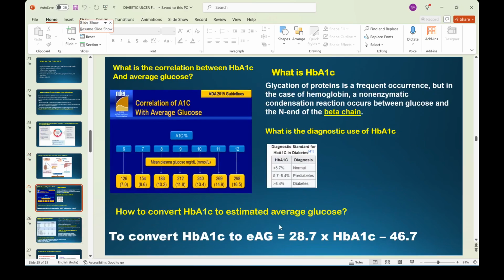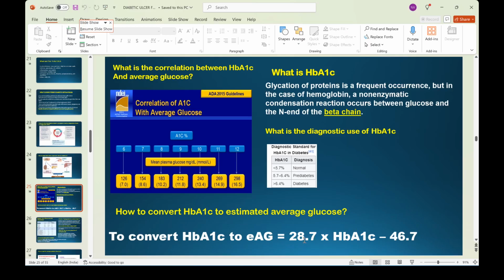And the correlation between HbA1c and the blood sugar is one of the calculations which all of us should know, because when you want to calculate the average estimated blood sugar level, this formula you can use. You multiply the HbA1c by 28.7 and subtract 46.7 from the value that you get. Then you will get the estimated blood glucose level. Of course, the majority of reports now give you the average sugar level with the HbA1c correspondingly, but it is better to remember this formula.